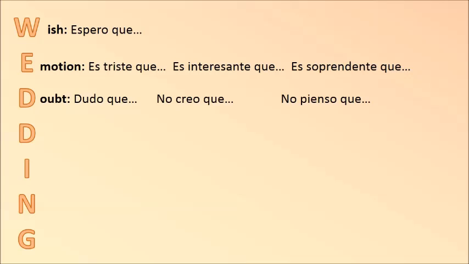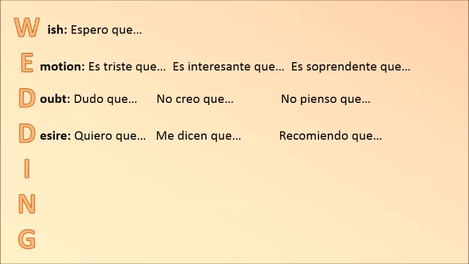The first D stands for doubt. And obviously the expressions that you would use express doubt. Dudo que means I doubt. No creo que means I don't think that. And no pienso que also means I don't think that. The second D stands for desire. So this is the speaker, the person saying the sentence, wanting somebody to do something else.